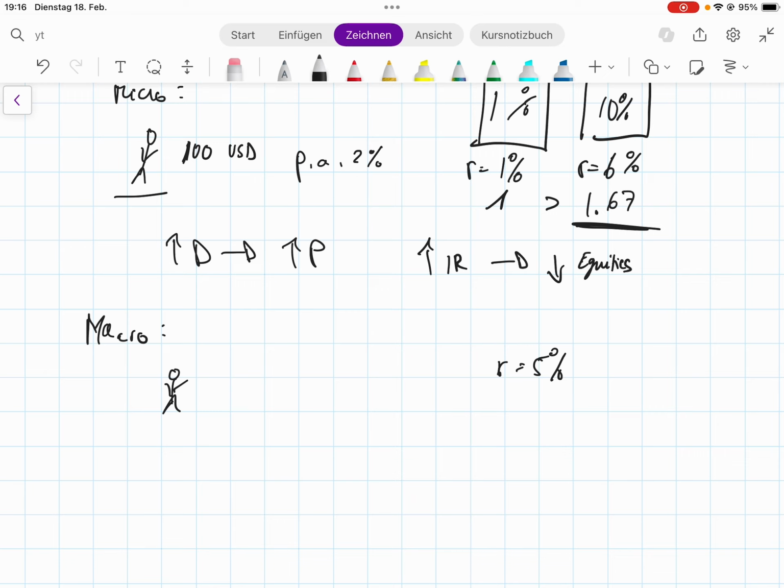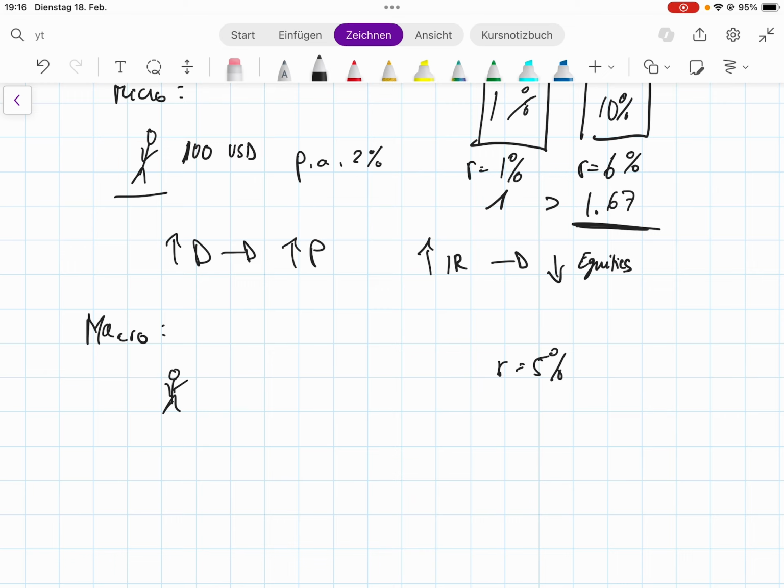So Mr. Tom, he wants money. He wants to spend money as much as possible. But 5% is a high rate. So it means if he borrows 100 US dollars, he will have to pay 5 US dollars back in interest rate compensation, basically, right? If you take out the mortgage or borrow money, you have to pay back. And 5% is quite a lot for this guy.